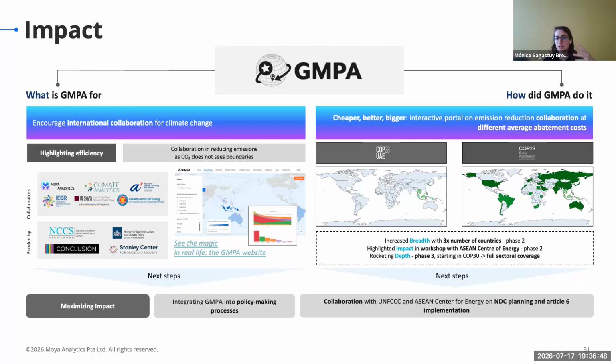The aim is to eventually get to that global scale, to have modeling available for all countries, and to have this engagement, this networking and collaboration with people to get better data, to get better understanding of where decision makers could step towards to reduce emissions.